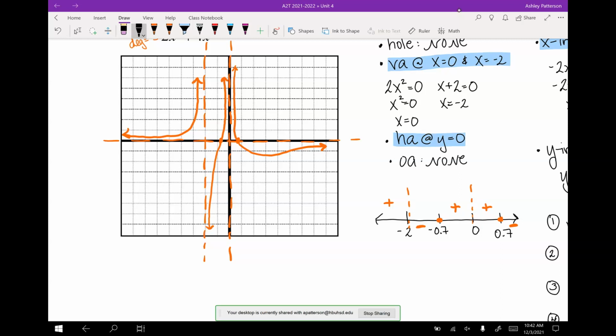So let us say that the domain is all real numbers except x cannot equal -2 or 0. If you're trying to get more comfortable with interval notation, we're going to go from negative infinity to -2, non-inclusive, union, -2 to 0, non-inclusive both, union, 0 to infinity.